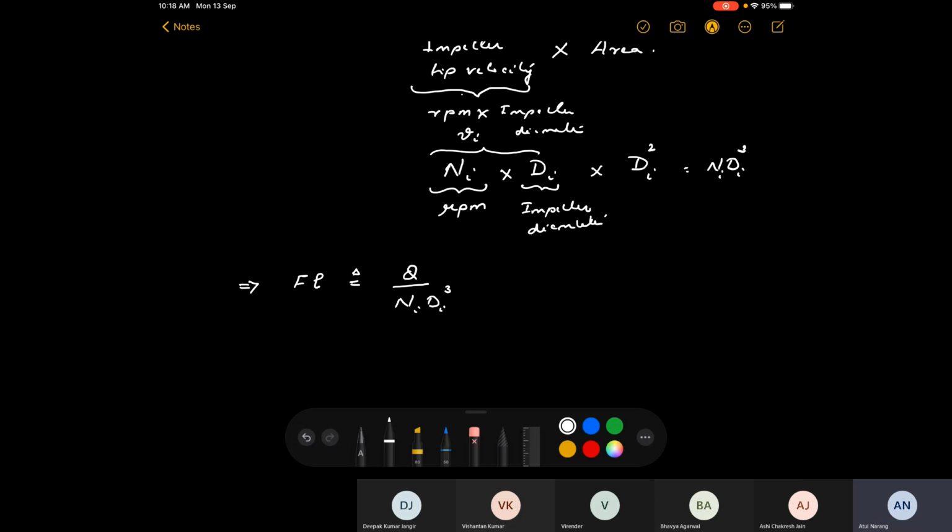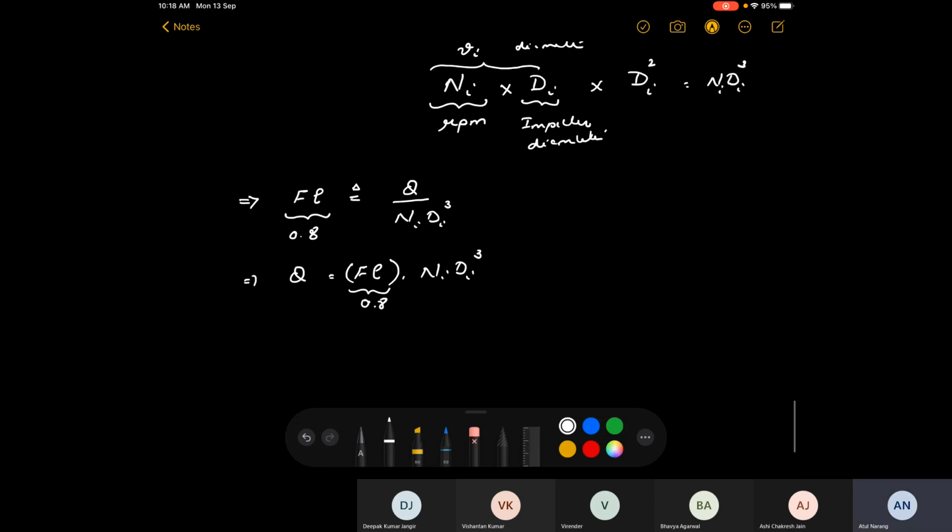Many experiments have shown that this number FL is on the order of 0.8 for various kinds of impellers. So that implies that Q is equal to FL multiplied by N sub I D sub I cubed, where FL is on the order of 0.8.